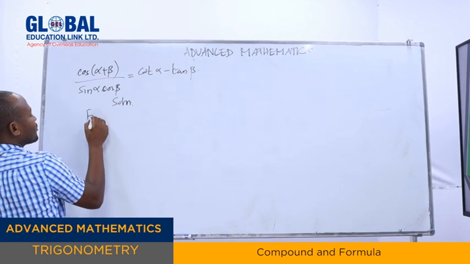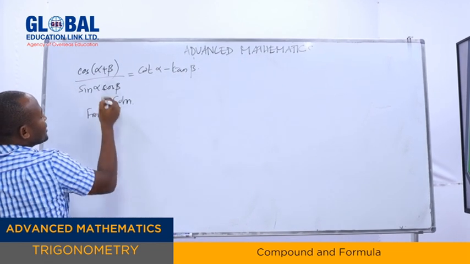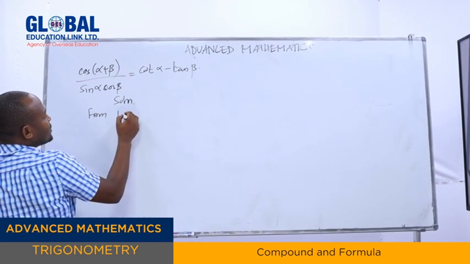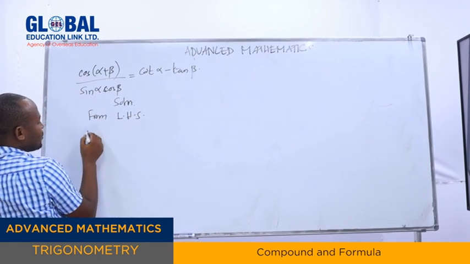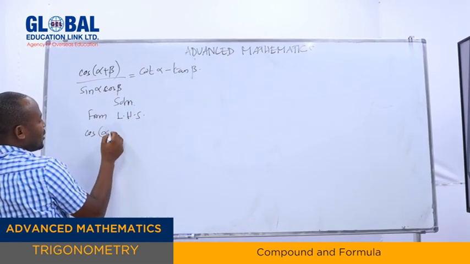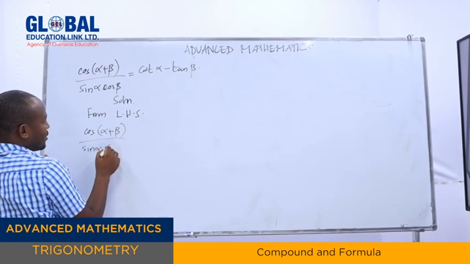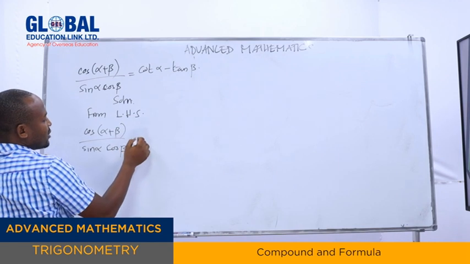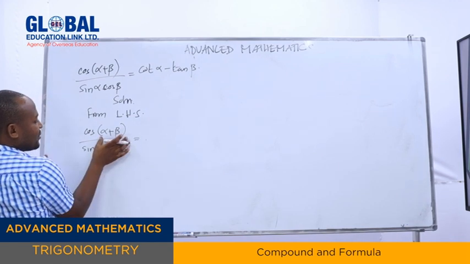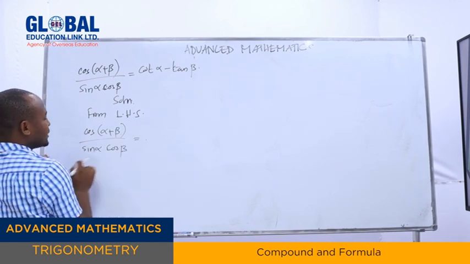Now let's say a solution to that. Let's say from the left hand side we have cos(alpha + beta) over sin alpha cos beta. This equals what? Let's simplify that by the use of compound angles.